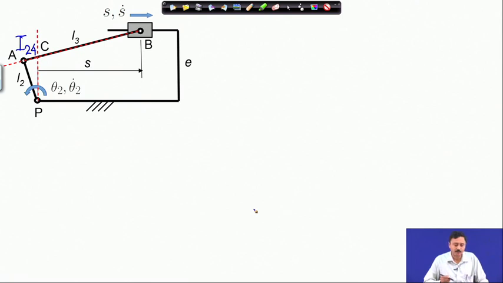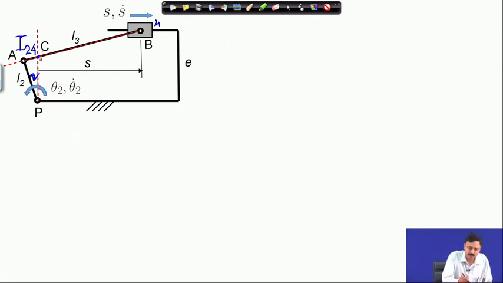So, the coincident point belonging to link 4, which is the slider, and link 2, which is this link, at the point C, has the same velocity.